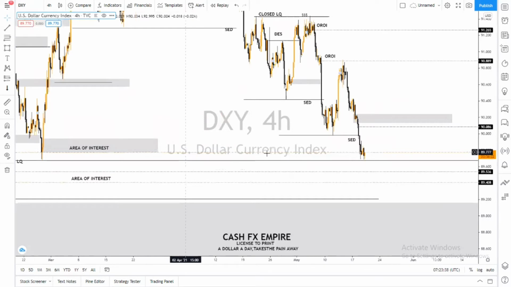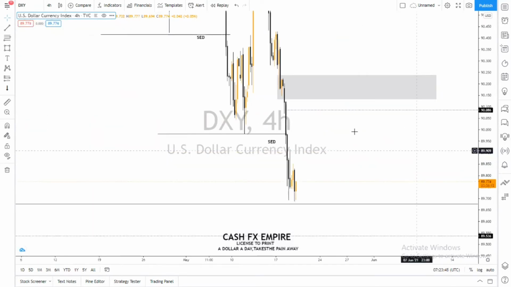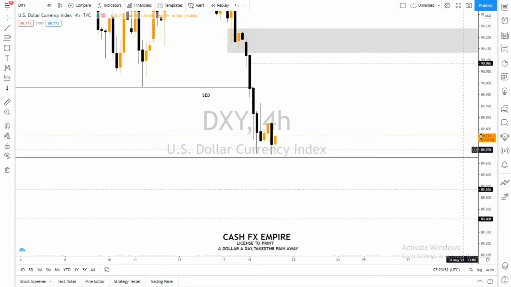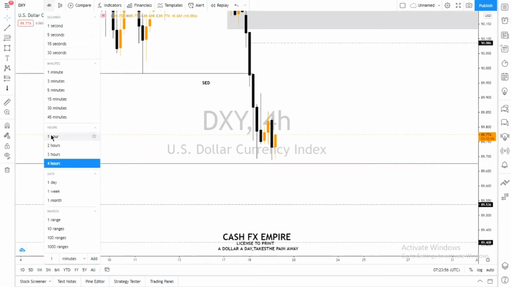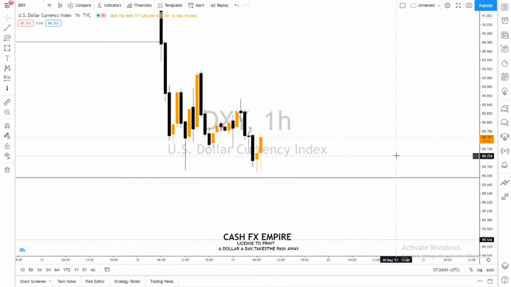Like I said, price is showing signs of reversing here. Yes, there could be a probability of reversing as I've seen on H1, but I'll only confirm this reversal when I see something like this. So this is where we are.